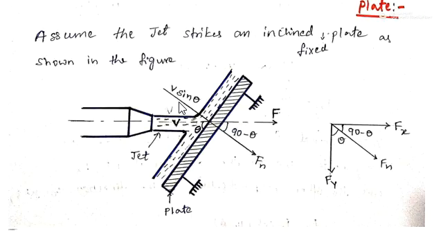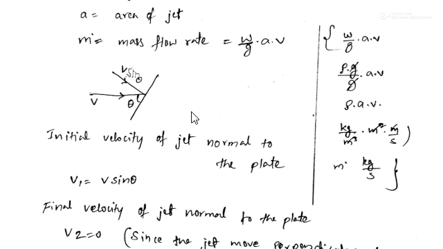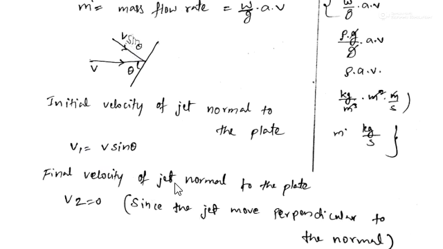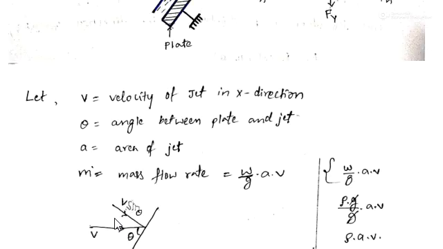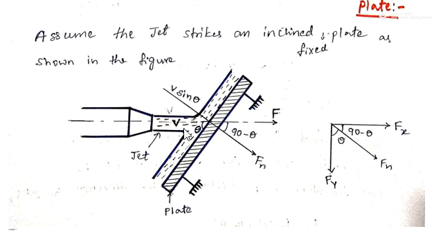So the normal component of the velocity is V sine theta, and we are taking this as V1. So V1 is nothing but the initial velocity of the jet normal to the plate, that is V sine theta. And next, the final velocity of the jet normal to the plate is 0. Why? Because after striking the plate, the jet goes along the plate.